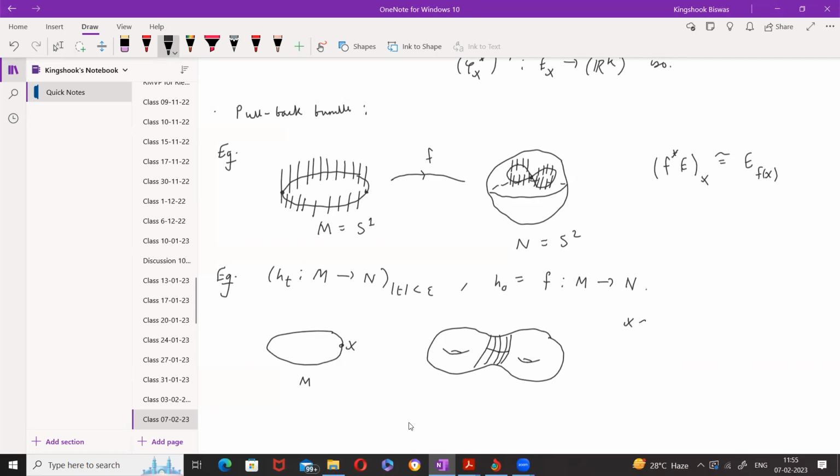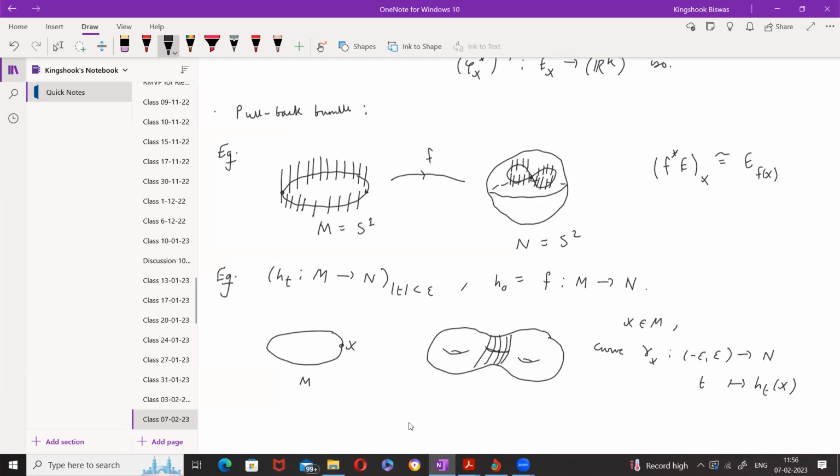So if I take an x in M, then we get a curve gamma_x from the interval (-epsilon, epsilon) into N, t goes to H_t(x). This is a curve in N. So it will be this curve here.